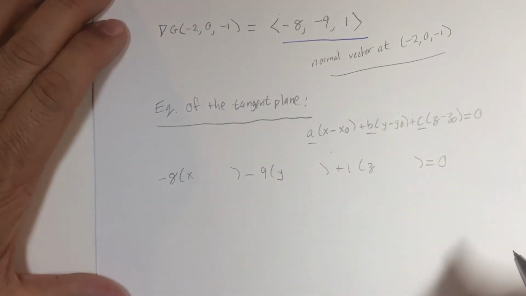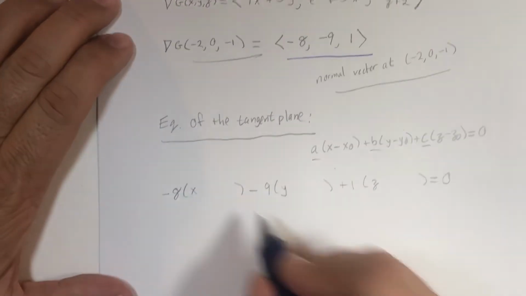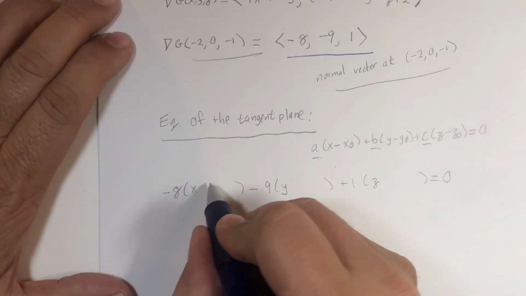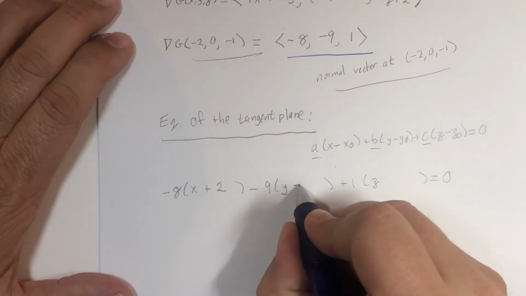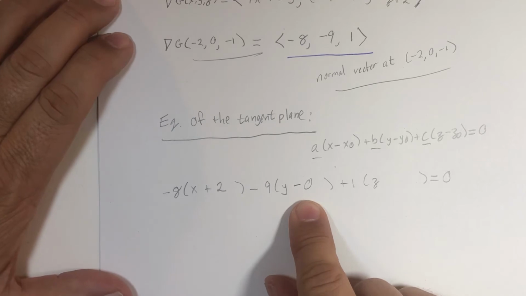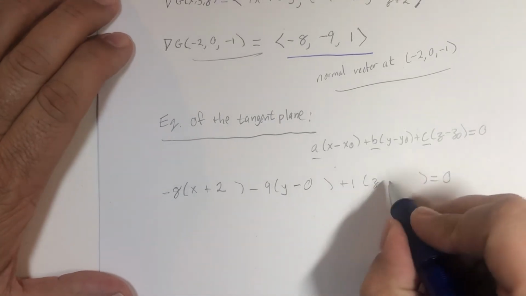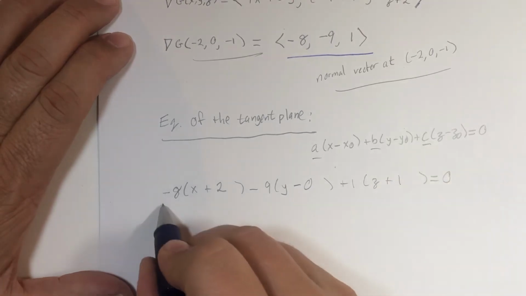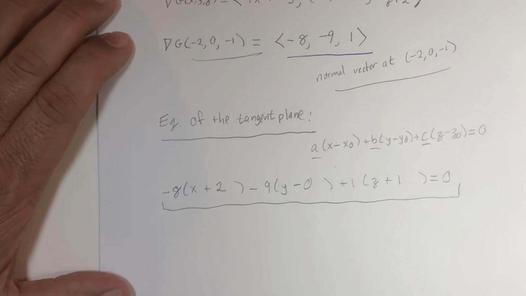We were also given coordinates when this problem began. -2, so that'd be x minus -2, which is x plus 2. Y is 0, y minus 0. Do I need to write the 0? No, but I'm choosing to make sure you know that it was done intentionally. Z minus -1 would be z plus 1. That is the plane tangent to the surface.